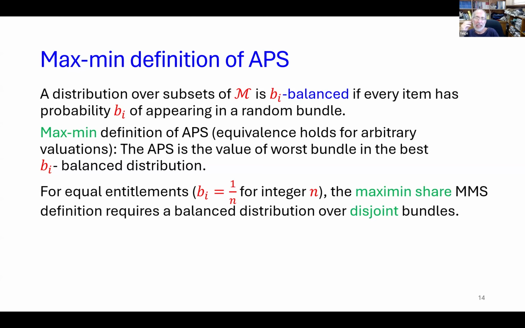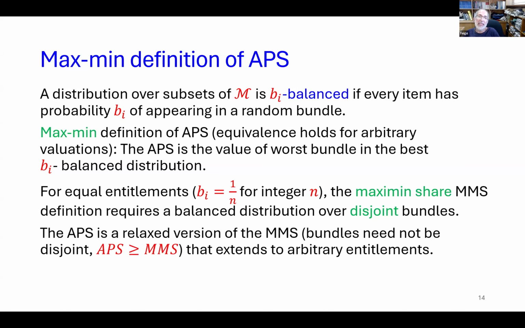The maximin share, the MMS, has exactly the same definition, except that the distribution has to be over disjoint bundles. You partition into n disjoint bundles, and you get the worst bundle, whereas in the APS, you're allowed to have overlapping bundles, but you have to give them weight in such a way that each item is on average in a b_i fraction of the bundles.